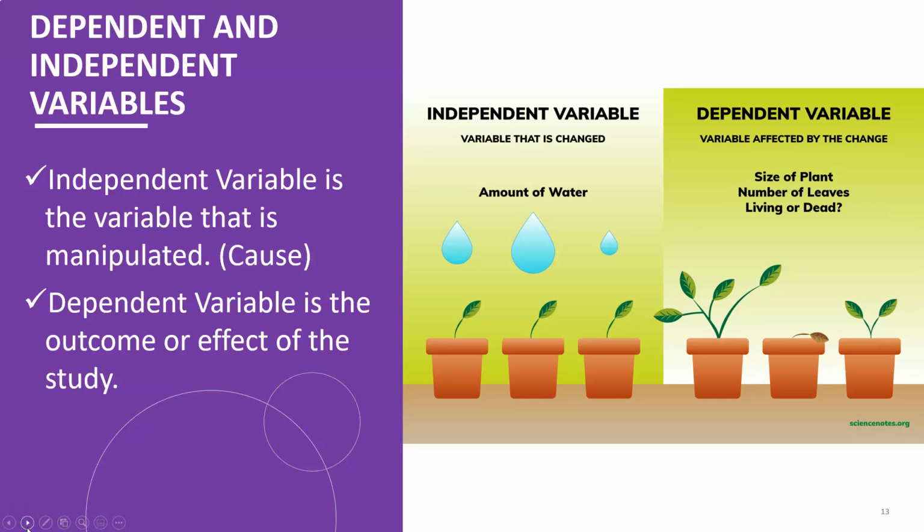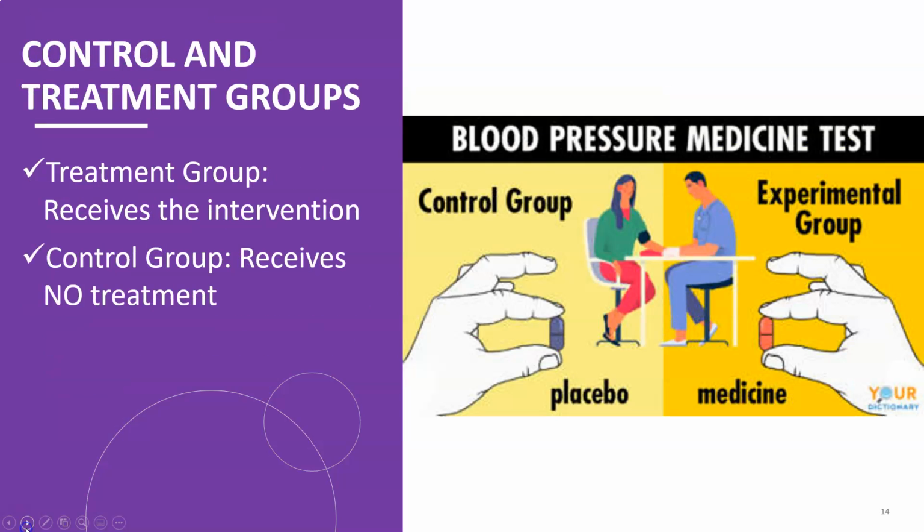Now, it's at this point that we really need to understand the difference between dependent and independent variables. The independent variable is the variable that is manipulated. It is the cause. The dependent variable is the outcome or the effect of the study. And I have this image over here to help you understand that.